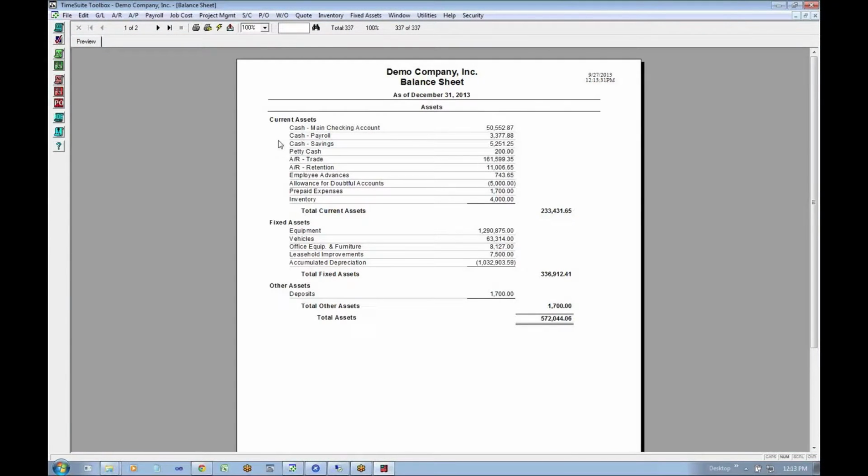So you have the allowance for bad debts right underneath your receivables, and basically it's set up to bring that number down because maybe you've got some bad debt items.